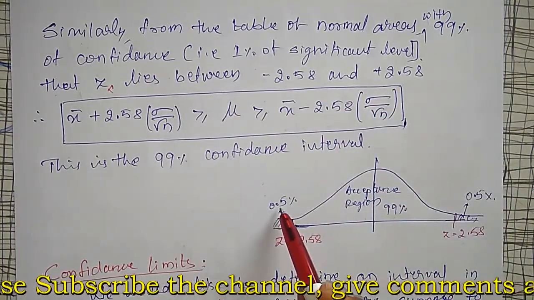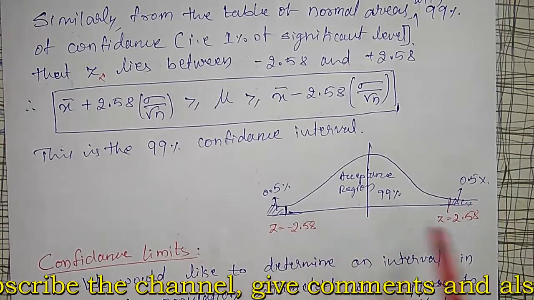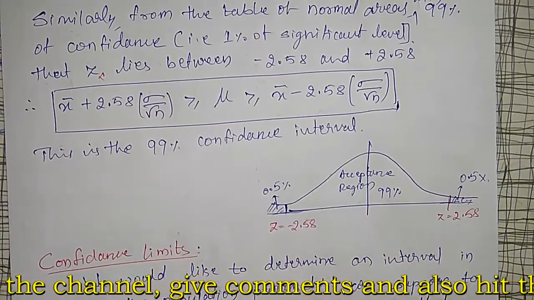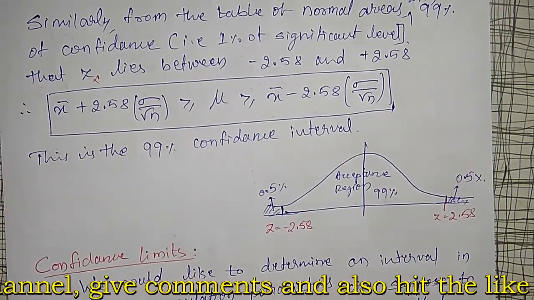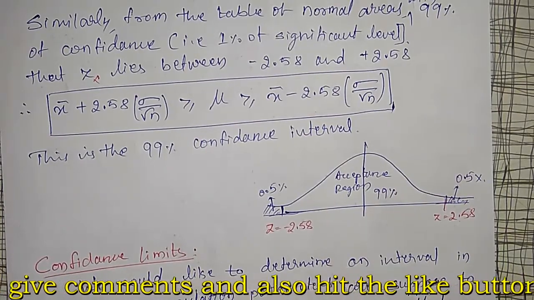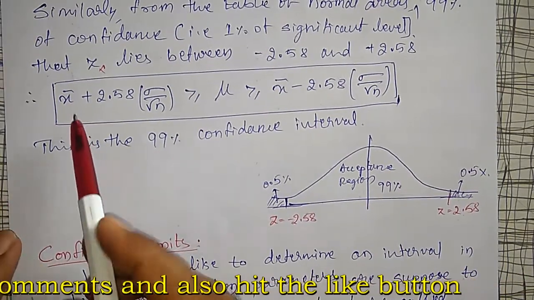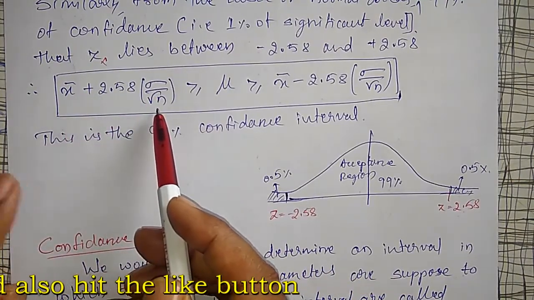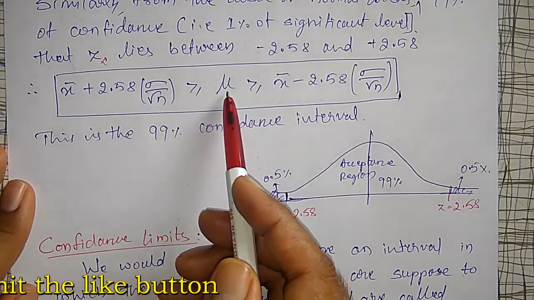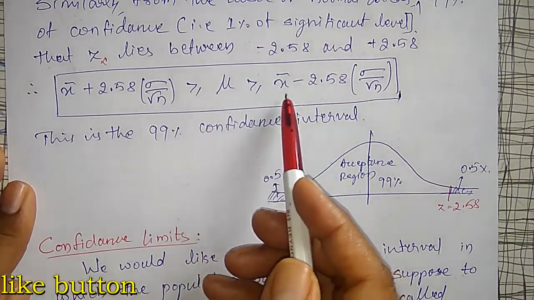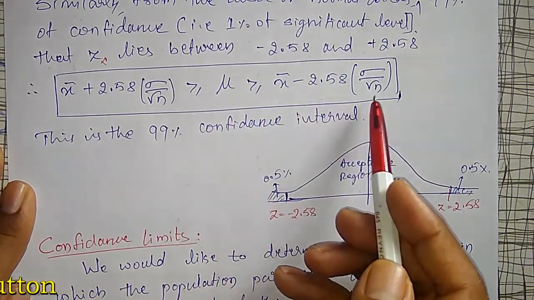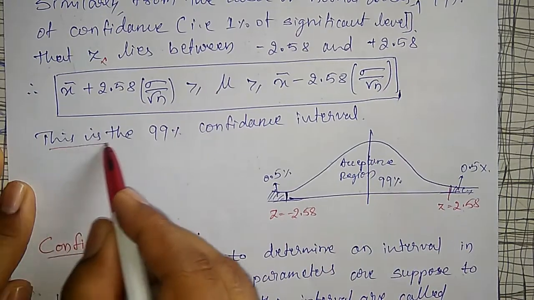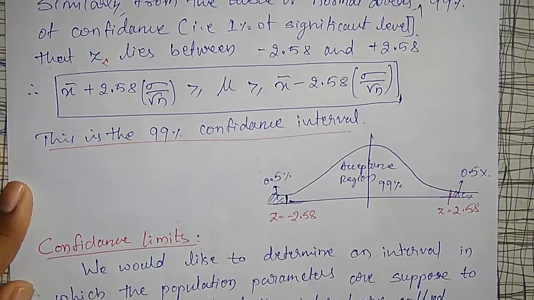For 0.5% on each side, this is the critical region, and this is the acceptance region. 99% is the acceptance region, the confidence interval. Therefore, the interval is given by x bar plus 2.58 into sigma divided by square root of n is greater than or equal to mu, greater than or equal to x bar minus 2.58 into sigma divided by root n.